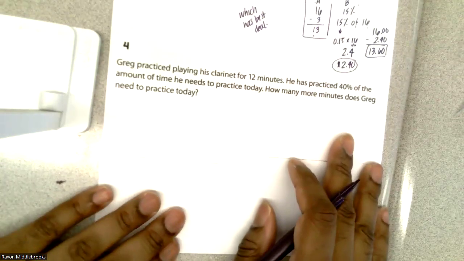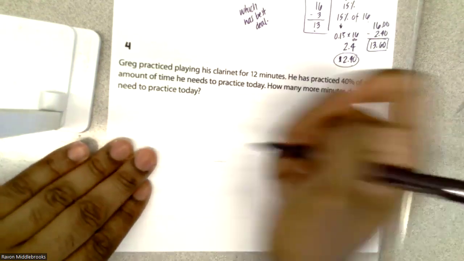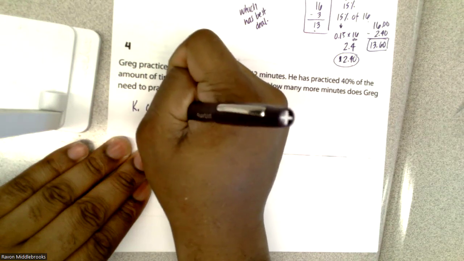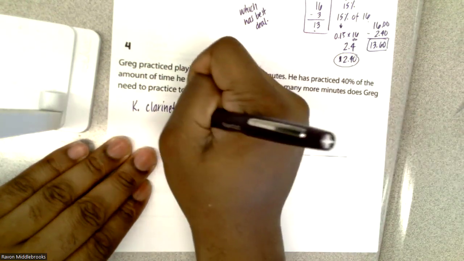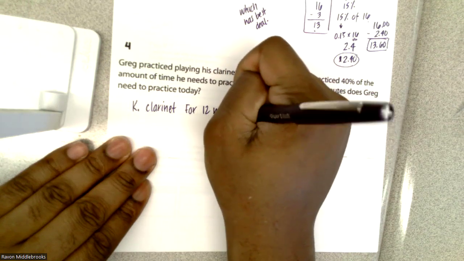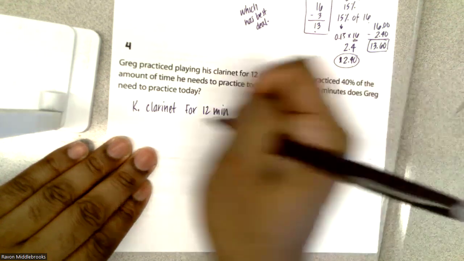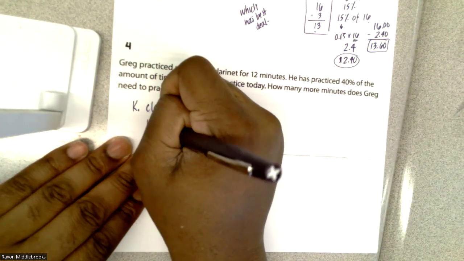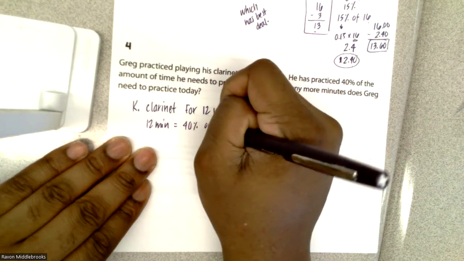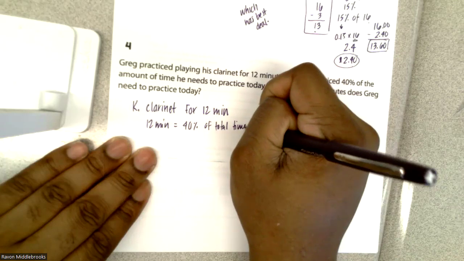And the last question says, Greg practiced playing clarinet. They play clarinet for 12 minutes. He has practiced 40% of the time he needs to practice today. So 12 minutes equals 40% of total time.